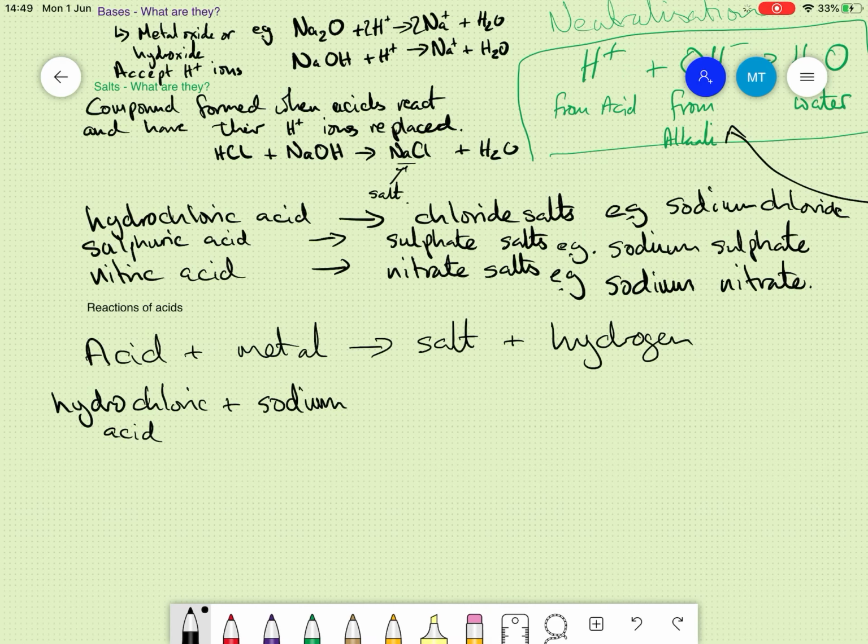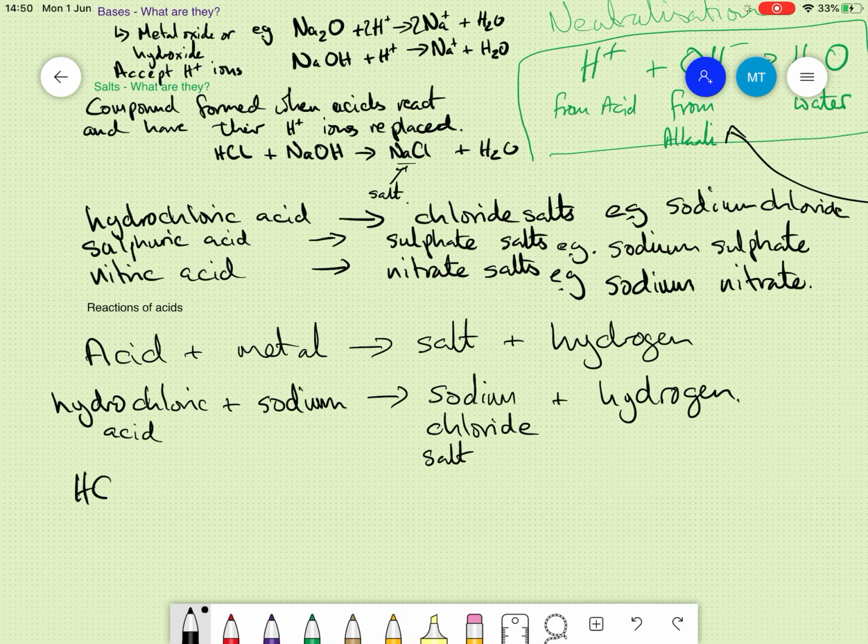Sodium goes to sodium chloride, which is your salt, plus hydrogen.